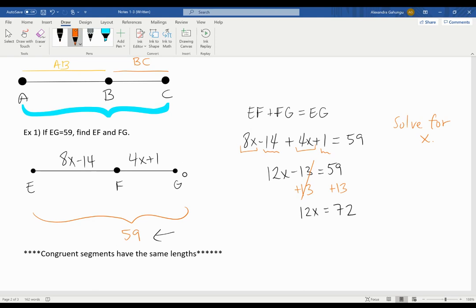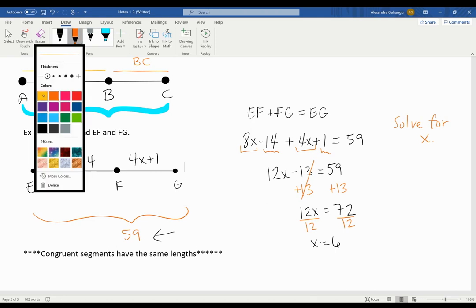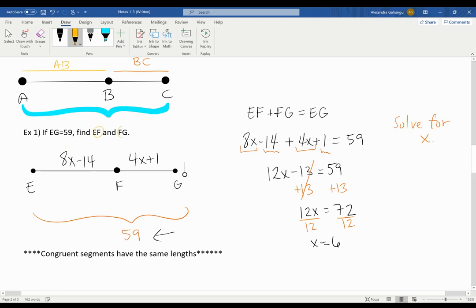The 12 and the x are being multiplied. The inverse would be to divide by 12, and I get x is equal to 6. So I found x. What does that help me do? It actually helps me find EF and FG because I have EF and FG in terms of x now.